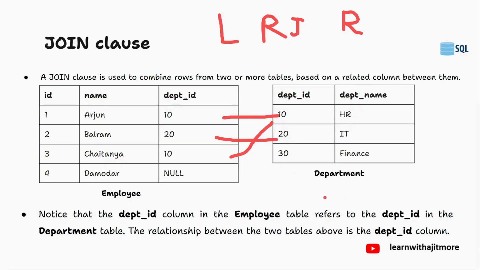Understanding? 1 Arjun 10 10 HR, 2 Balram 20 20 IT, 3 Chaitanya 10 10 HR, and null, null, null, 30 finance. Because for the department 30, there is no corresponding employee. Getting? But in the result, you will have all the right records. All the records of right are sure.